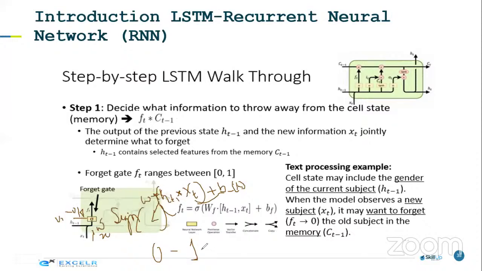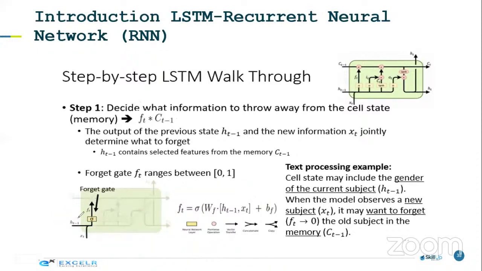If there is no change in the context, the resultant values will be more ones, and when there is a change, they will be zeros. If I multiply anything with zero, obviously it becomes 0, and if I multiply anything with 1, it remains the same. Whatever information is there will remain the same. That's the logic they are trying to perform over here.